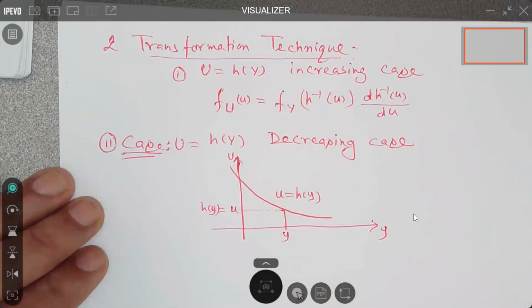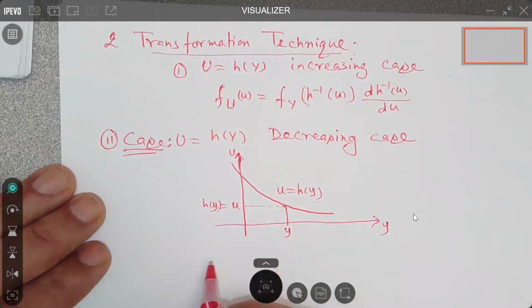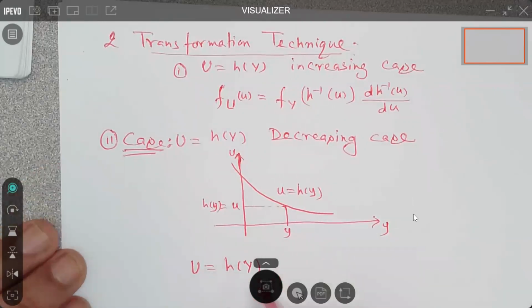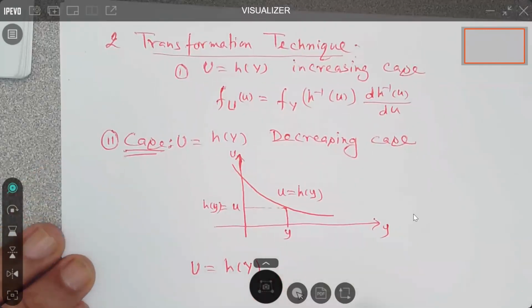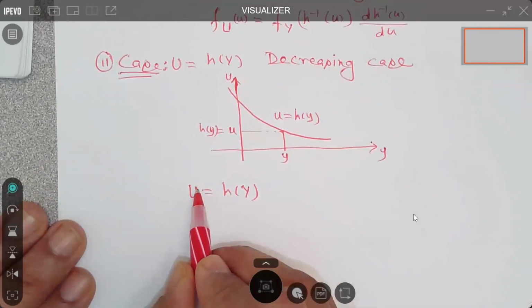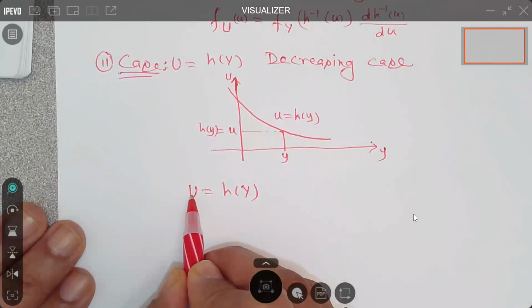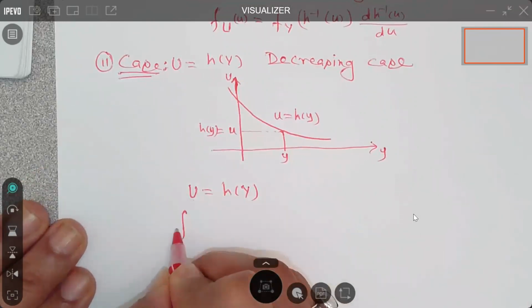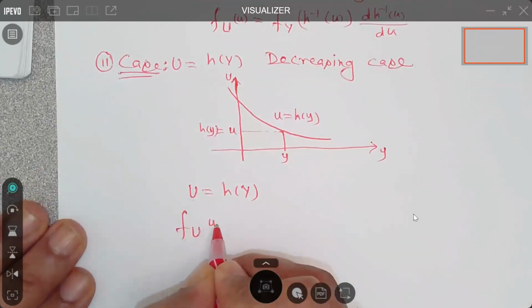Now, for the decreasing case, we have U equals h of Y, right? And we want to find the probability density function for random variable U, that is f_U(u).